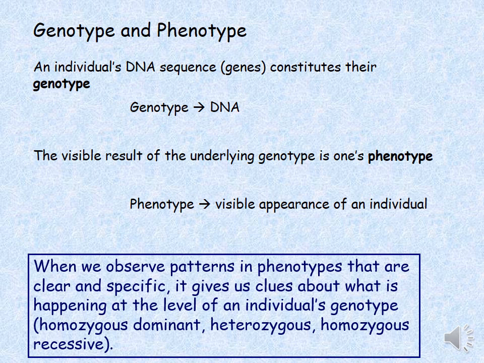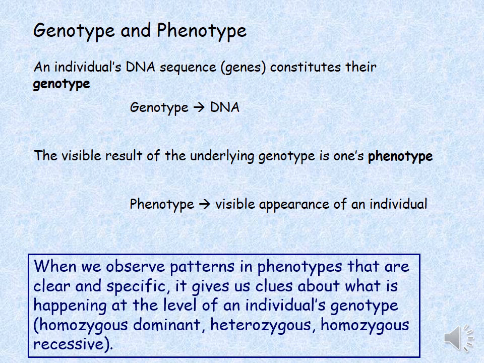A homozygous recessive: if your phenotype was white, then I would pretty much know the only way it can be white is little t, and so that's the homozygous recessive. So I do know what your genotype is by your phenotype, if I knew which one was recessive and dominant.